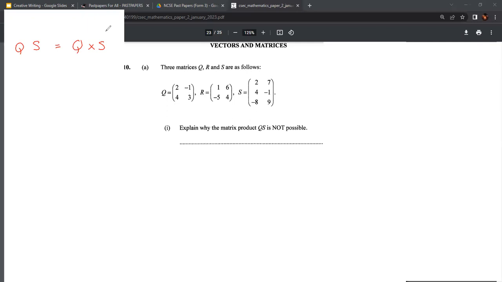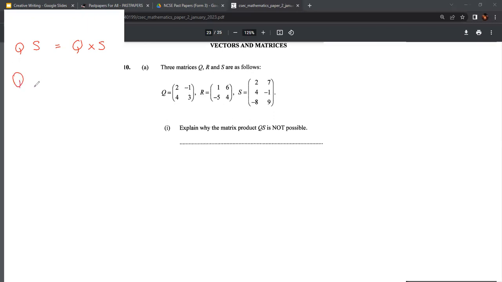Some matrices, because of compatibility, may not be able to be multiplied. So we know what's the test to see if they're compatible, and it all boils down to the size of each matrix.